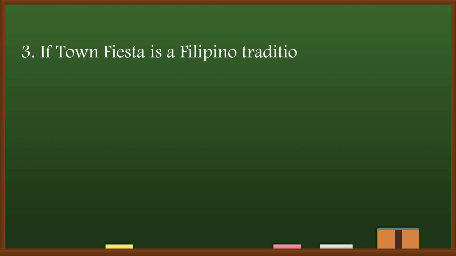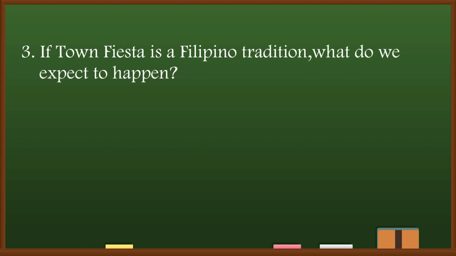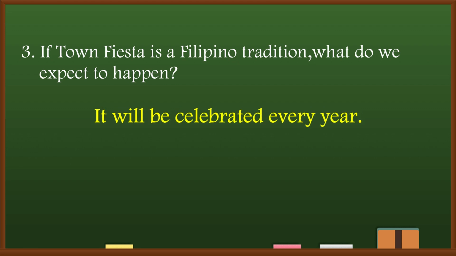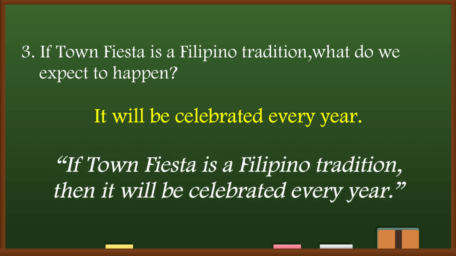For last number 3, if Town Fiesta is a Filipino tradition, what do we expect to happen? Exactly. It will be celebrated every year. The statement will be, if Town Fiesta is a Filipino tradition, then it will be celebrated every year.